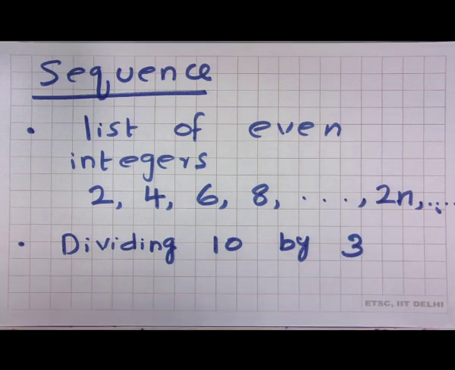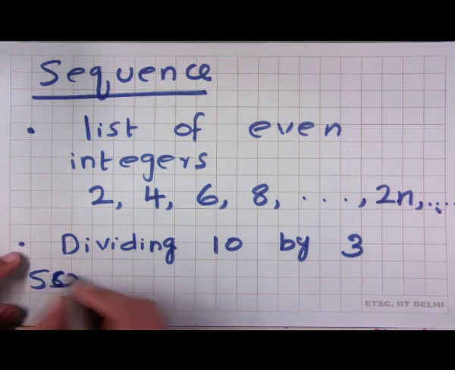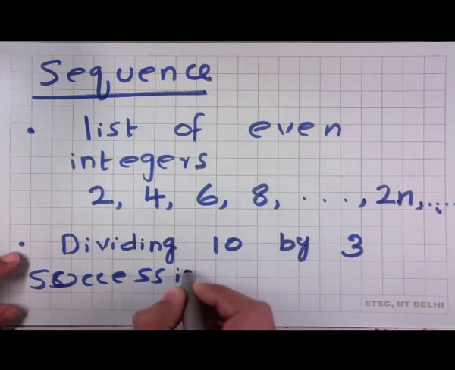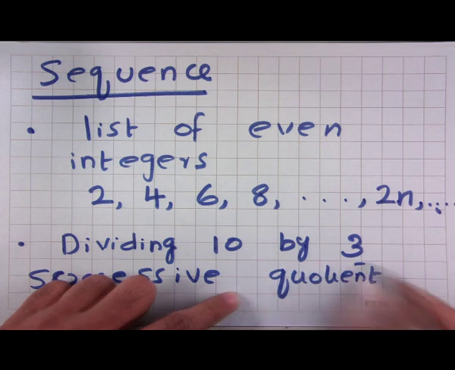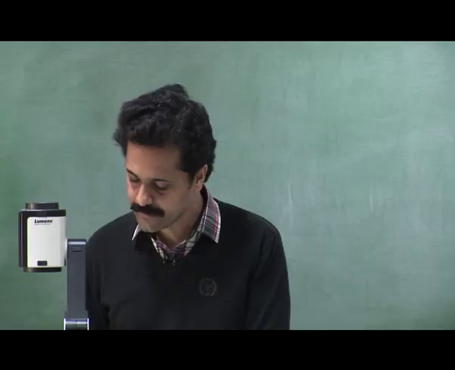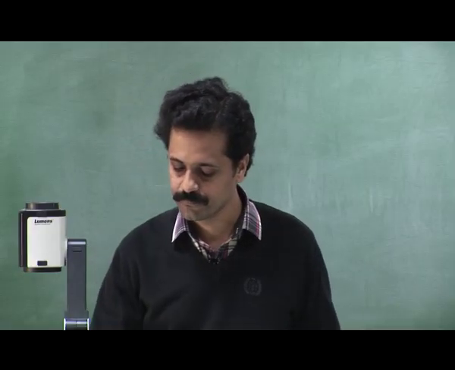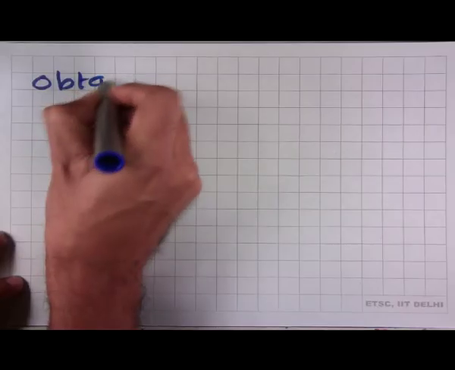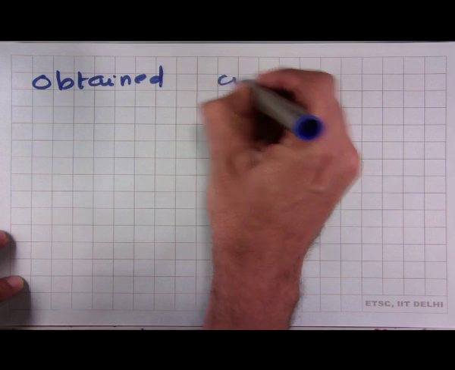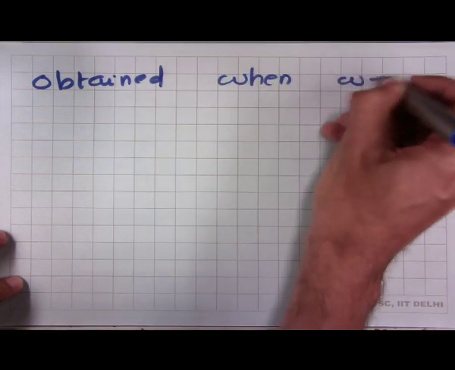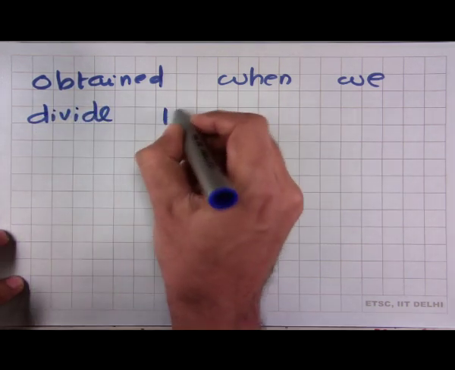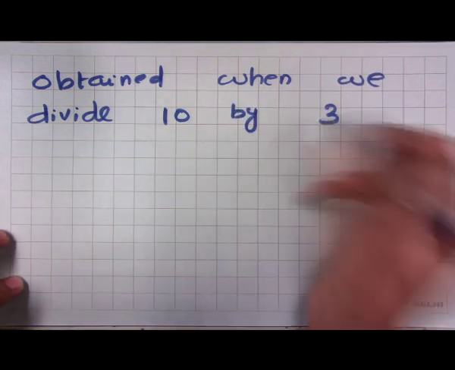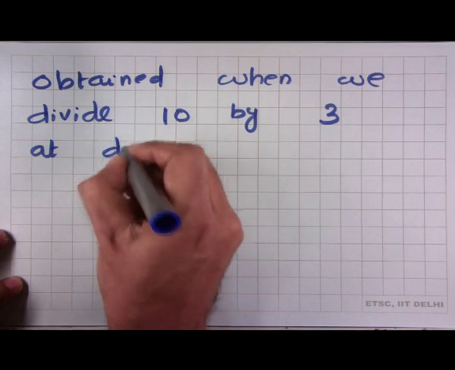Let us list the successive quotients obtained when we divide ten by 3 at different steps.